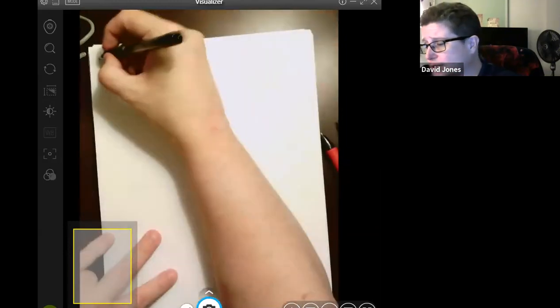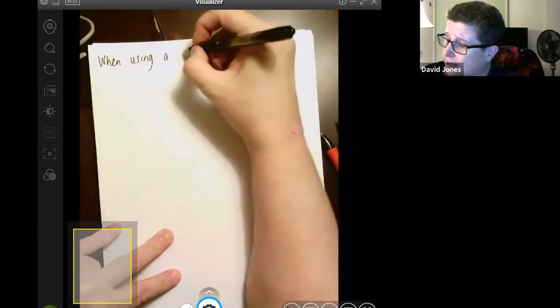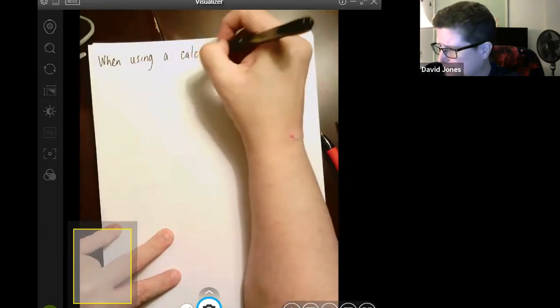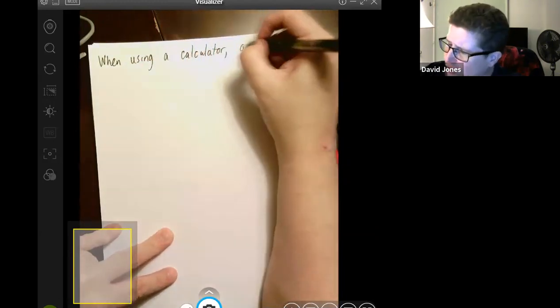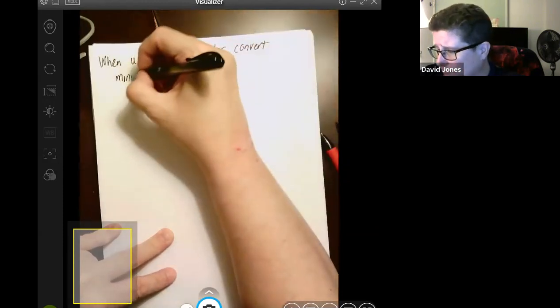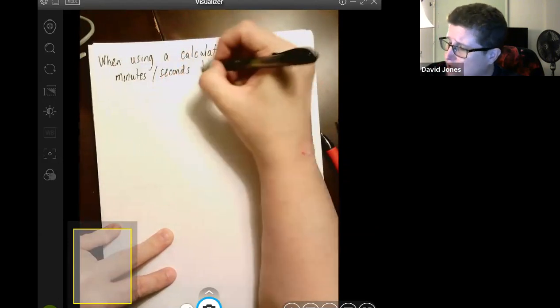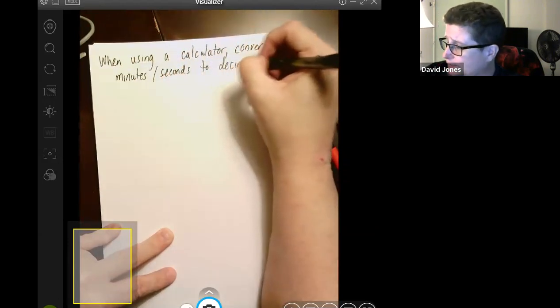So when using a calculator, convert minutes and seconds to decimal degrees.